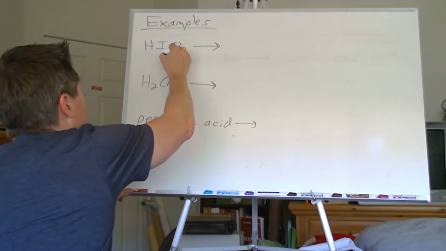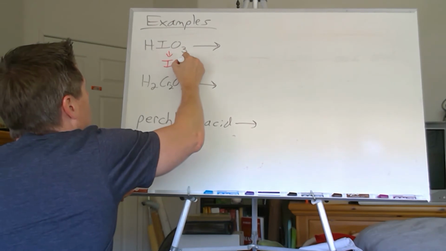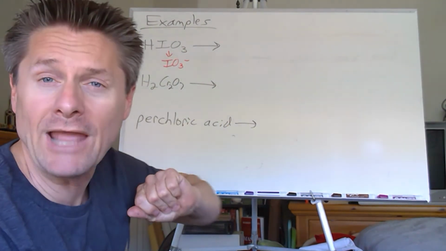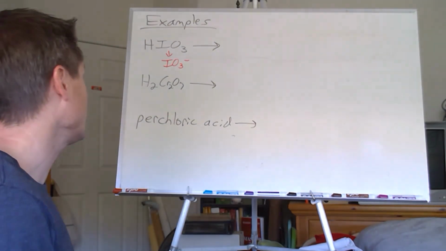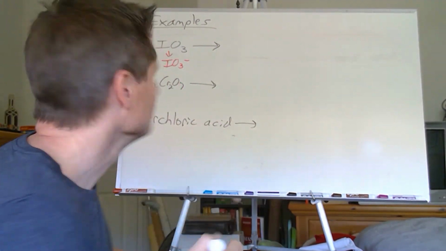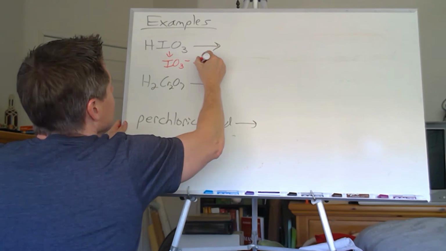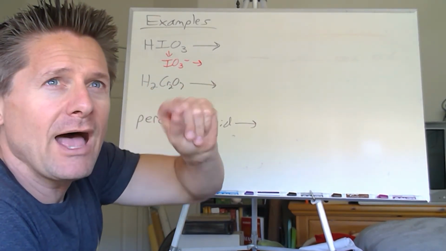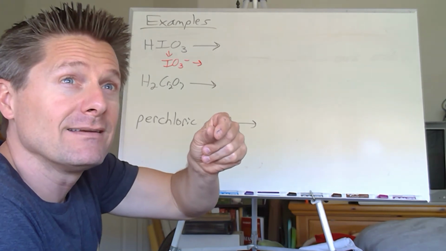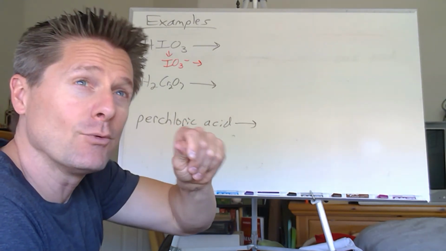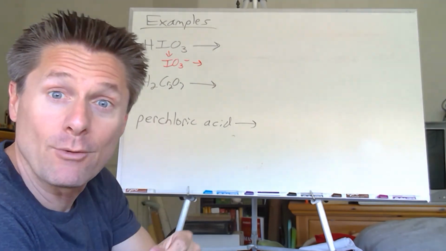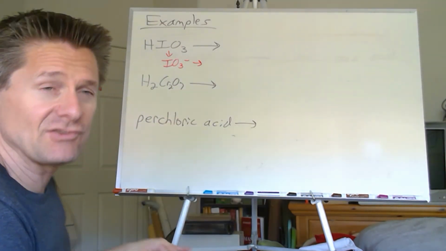So this is IO3 minus. I know it's a -1 because it's only bound to one hydrogen, which is a +1 in that scenario, right? So IO is hypoiodite, IO2 is iodite, IO3 is iodate, and IO4 is periodate. Know your series, just like the chlorines.